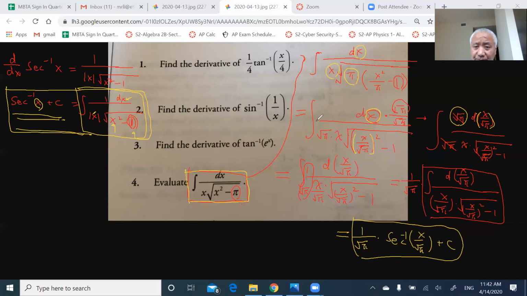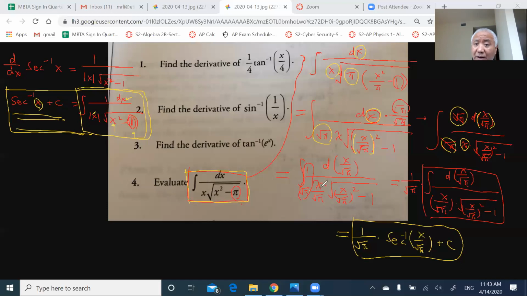And then, since you have another square root pi here at the bottom, I can cancel this too. So I will change this one to dx over square root pi, right? Now from here, this is x over square root pi, and since here there is only the x, I have to change it to x over square root pi, but multiplied by square root pi.